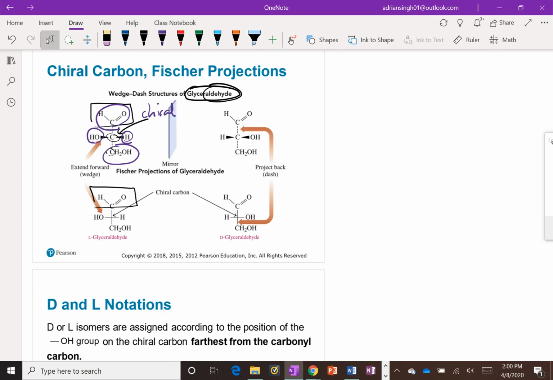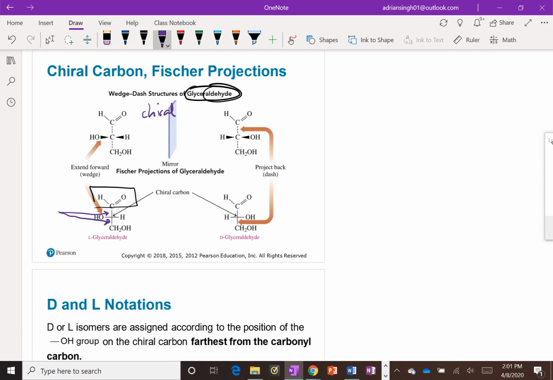All right, and it's tetrahedral, and we could represent the three-dimensional nature using our wedge and dash lines. But instead we're going to use the vertical line here to represent a bond going away from you. Similarly, that line there is a bond going away.